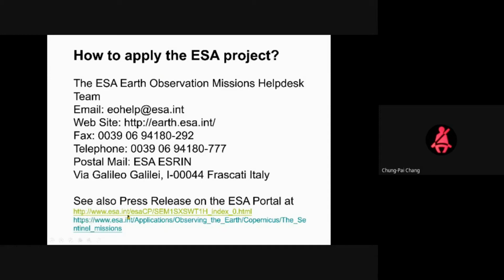For Sentinel-1, you can submit to this website. Normally, if you prepare a good proposal and it is accepted by ESA, you can have a quota, for example, 100 or 200 images for free. With these images, you can do a lot of things. Later, I will show you what we can do.